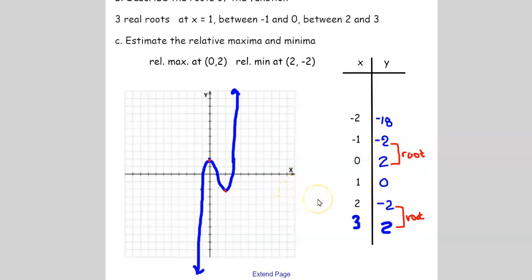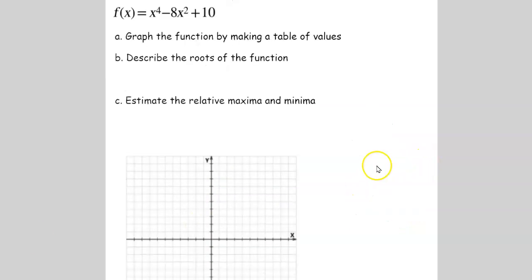So we're going to take the same approach and we're going to do number 2. Number 2 is x to the 4th minus 8x squared plus 10. Again, if you want to think about some of the key characteristics, this is an even function. That means my end behavior will go in the same direction.